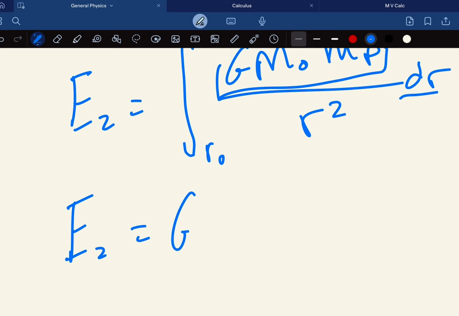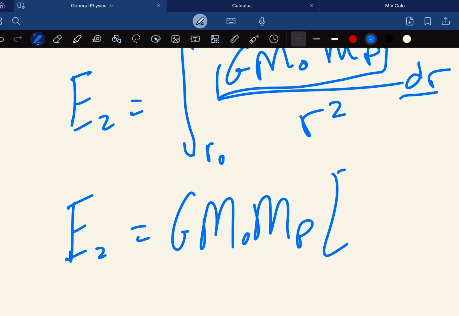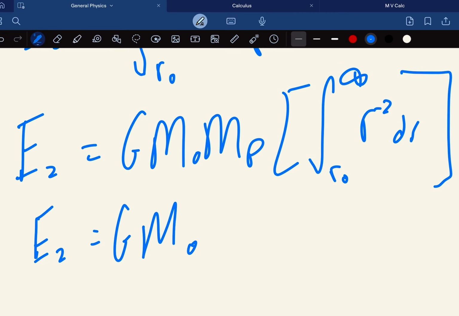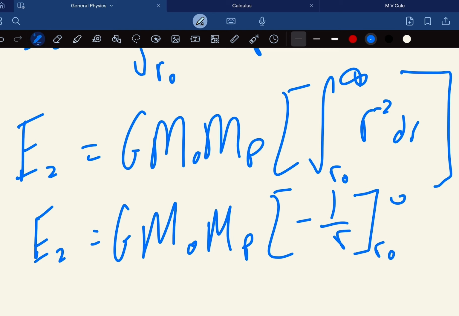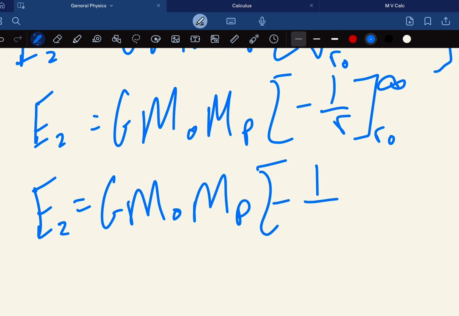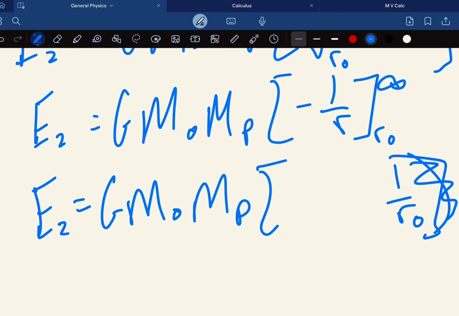So we get our energy is equal to the gravitational constant times the mass of the object times the mass of the planet times the integral from r naught to infinity of r to the negative 2 dr. Now, using our power rule for integration, we get our energy is equal to negative 1 over r from the bounds r naught to infinity, which is equal to this constant times negative 1 over an infinitely growing piece, so this is all equal to 0, minus negative 1 over r naught, the negatives cancel, so this is times 1 over r naught.